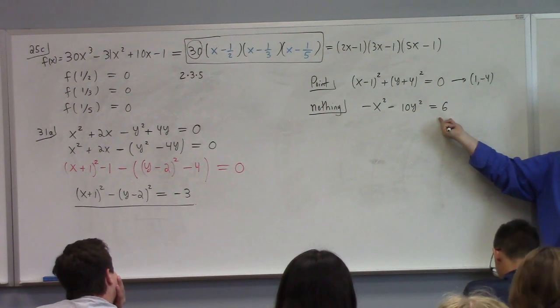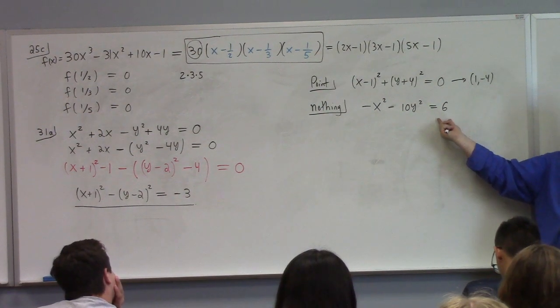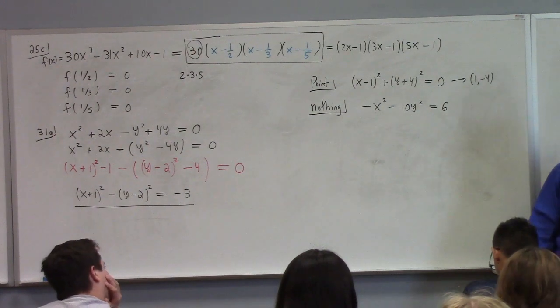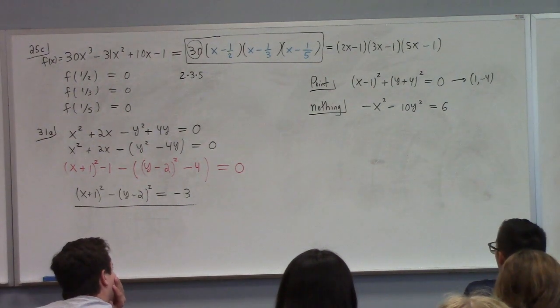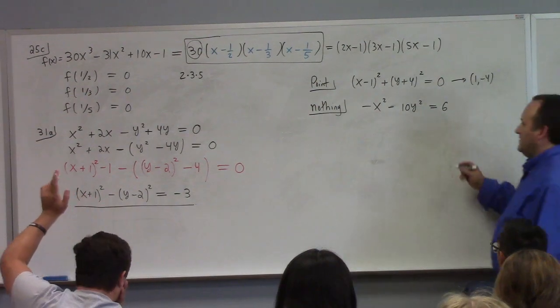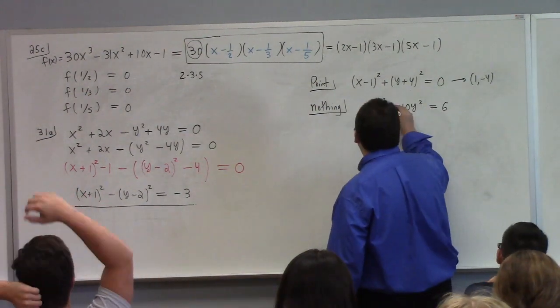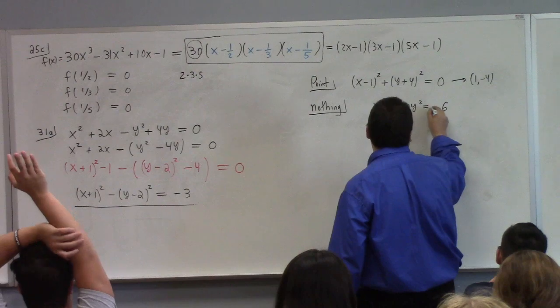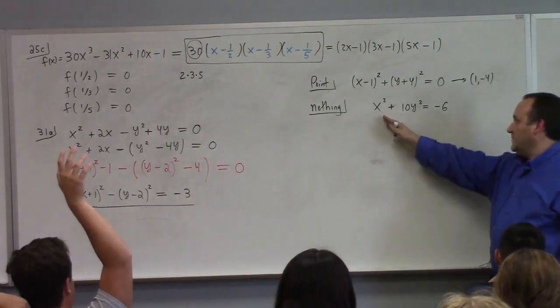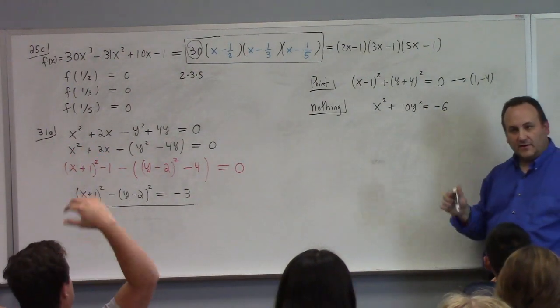There's no such solution. So the solution to this would be nothing. Or maybe it's better if I write it this way: x squared plus 10y squared equals minus 6. That's more the way I usually think about it. The sum of positive things can't be equal to a negative thing, all right?